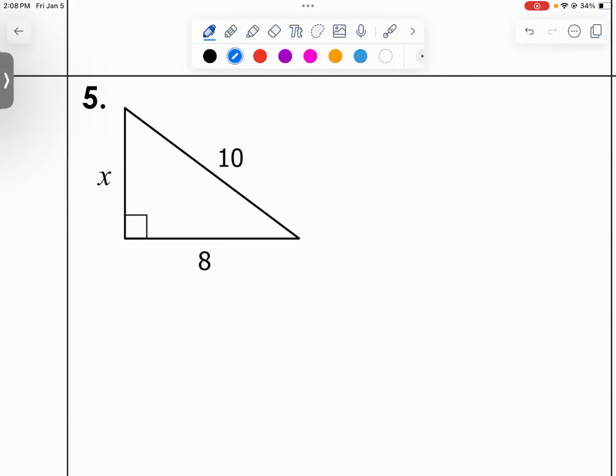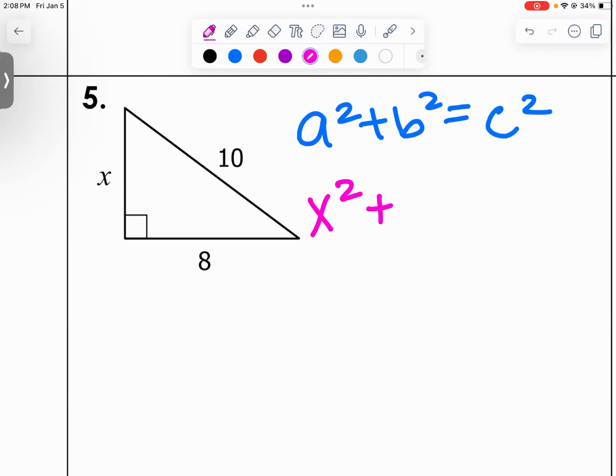Okay, Jacob, you had your hand up. What's different? The hypotenuse is filled in instead of the leg. So if we are going to use a squared plus b squared equals c squared, we better use x squared plus 8 squared equals 10 squared.